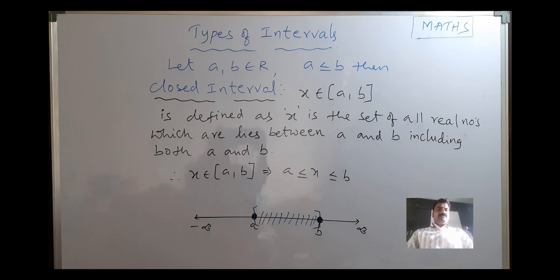So today in this class let us discuss about types of intervals. So let us consider two real numbers small a comma b belongs to R, such that a is less than or equals to b.